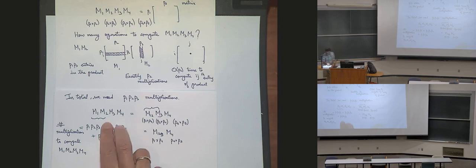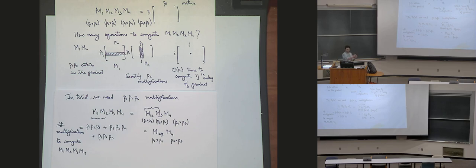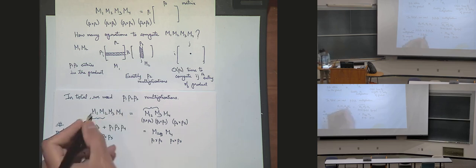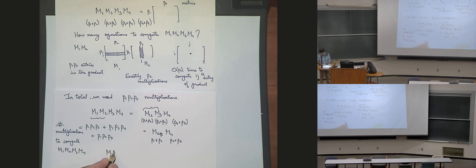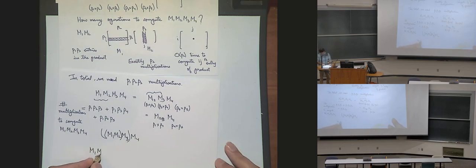But is this the only way to compute this product? Yeah, what could you do? Like multiply M3 by M4 first. Yeah. You could multiply M1, M2, then M3, M4, and then multiply those two together. So let's just look at this. So what we've done over here is really use the associative property, or rather, we've basically computed it this way. But you could also compute this way.